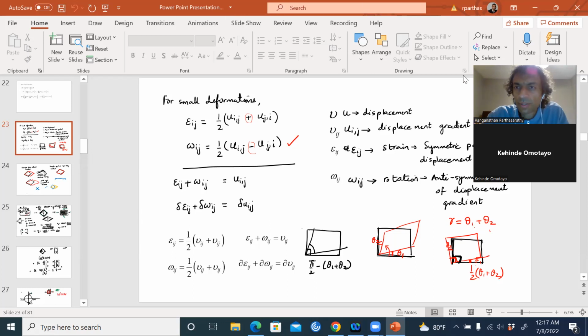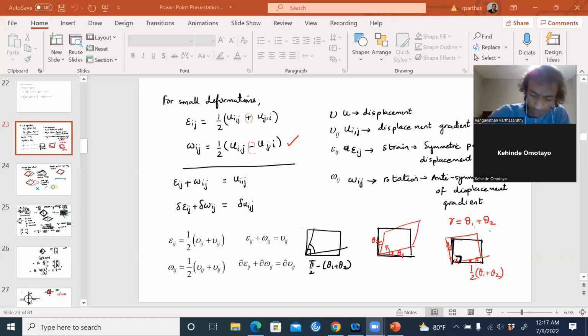Just a moment. Okay, you see this picture. After deformation, the red diagonal, red is the deformed configuration, black is before deformation.